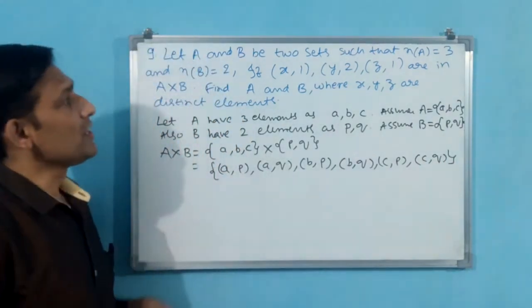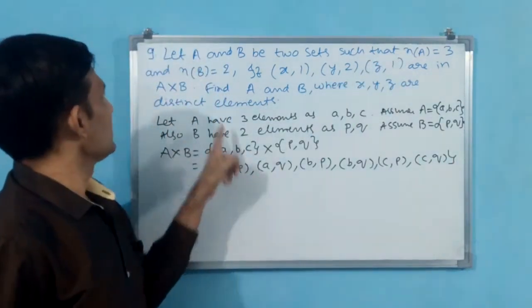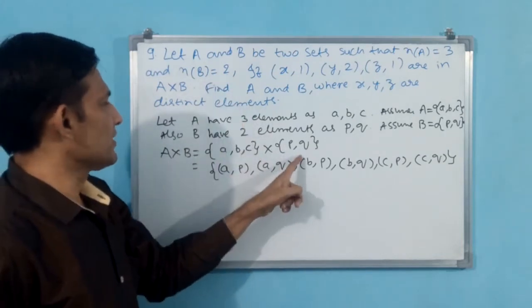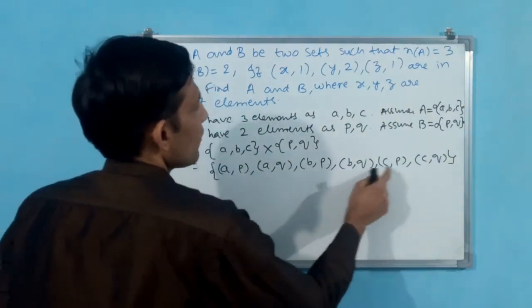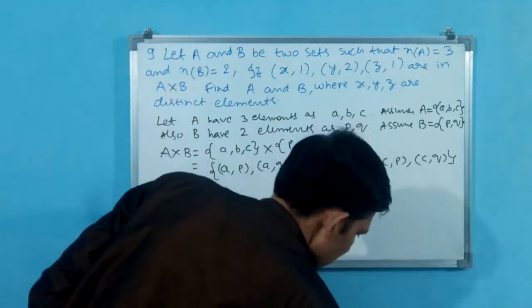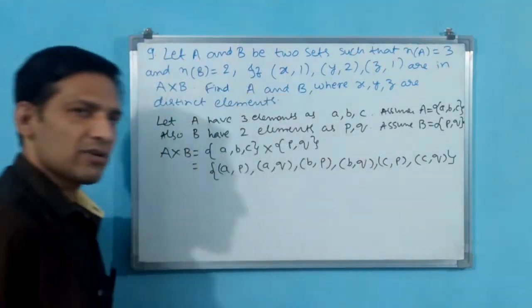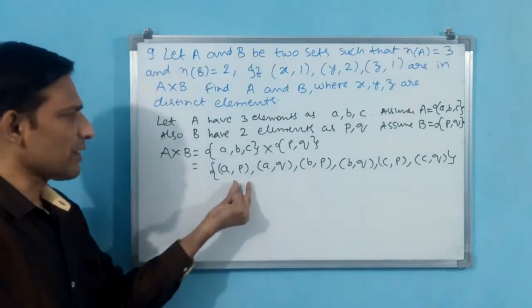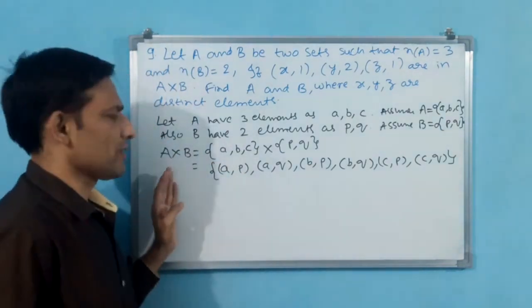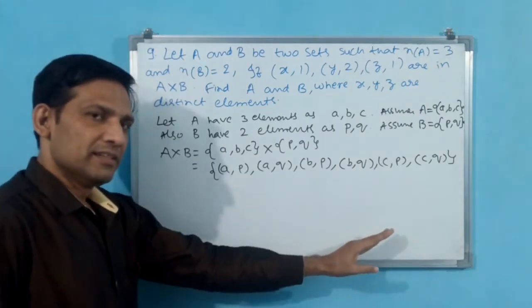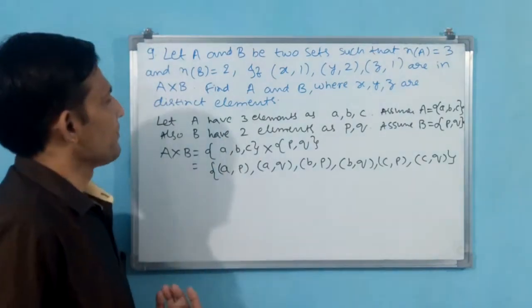Why? Because 3 elements are there, 2 elements are there, the cross product gives 6 elements: 1, 2, 3, 4, 5, 6. These are pairs, but you can call these pairs elements of the cross product.